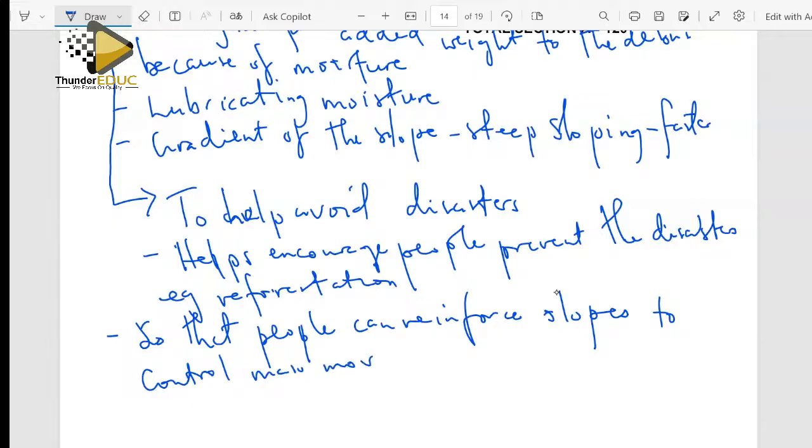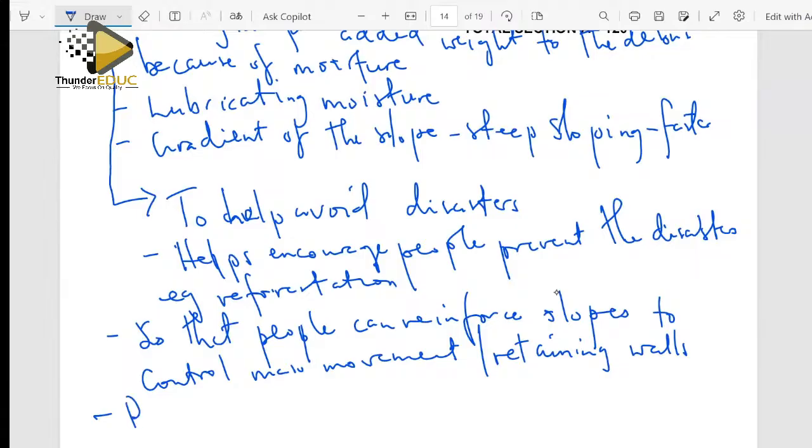Control mass movements. Yes, it's a measure also that people can take, reinforcing or building of retaining walls. People can only effectively do that when they know the dangers of the mass movement processes.